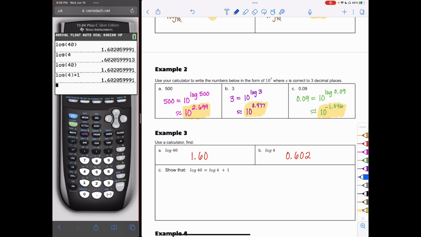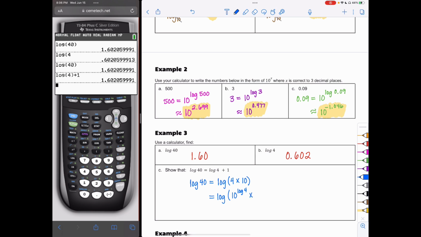The way that you would do this is you would start off with the log of 40. Then you would say, okay, I know that the log of 40 is the same thing as the log of 4 times 10, because I know that I need a log of 4 somewhere. Once I have that, I should know that this will be equal to the log of 10 to the power of the log of 4, because I know that 10 to the power of the log of 4 would just be 4.